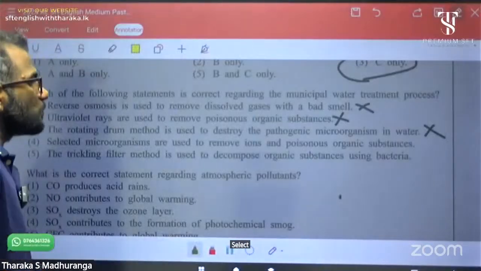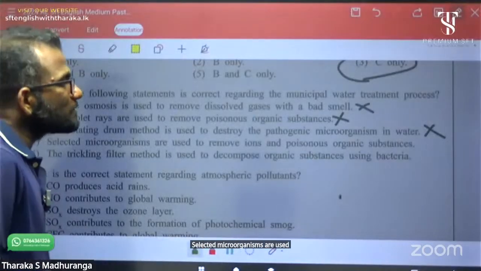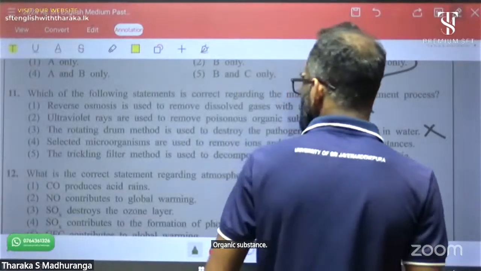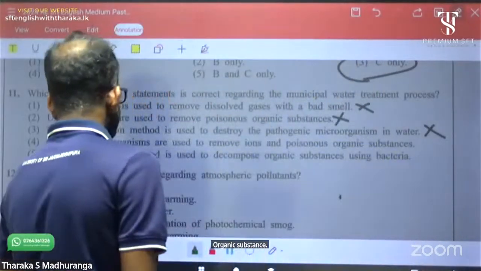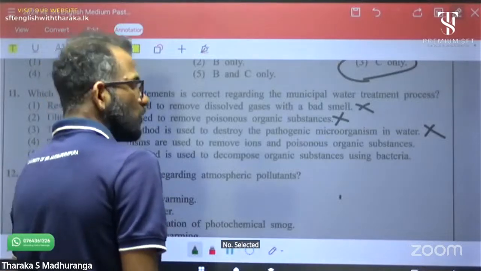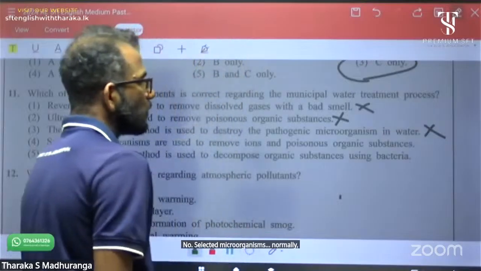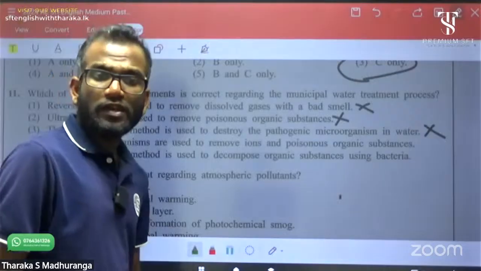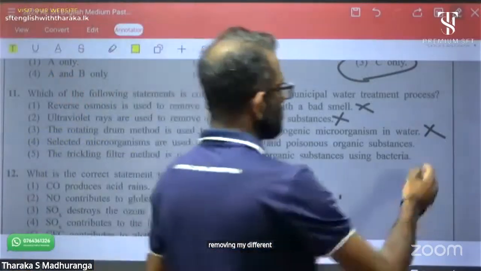Selected microorganisms are used to remove ions and poisonous organic substances. No. Normally poisonous organic substances are removed by different chemicals, not using microbes.